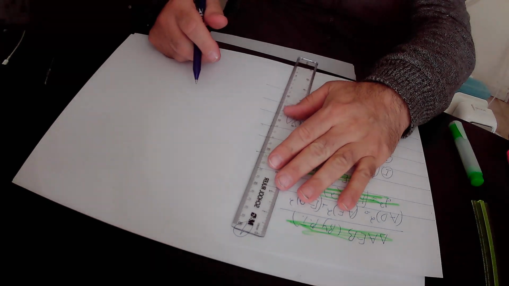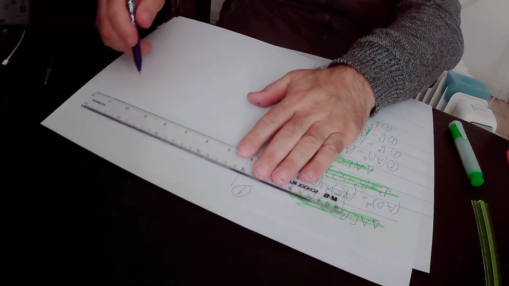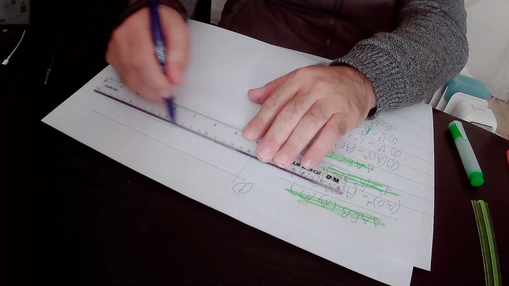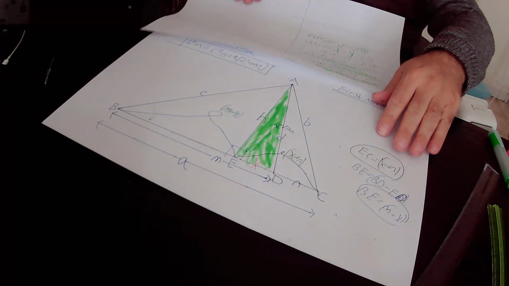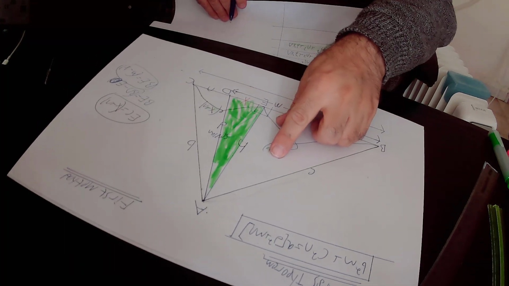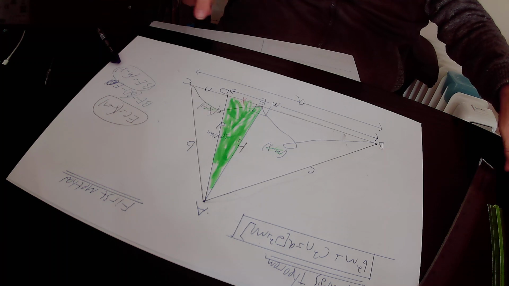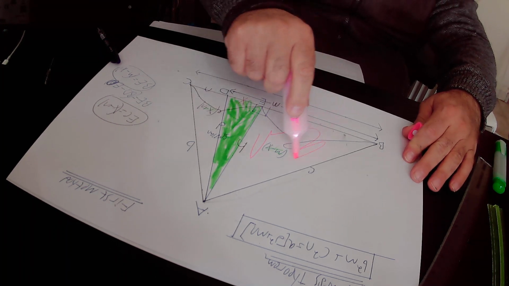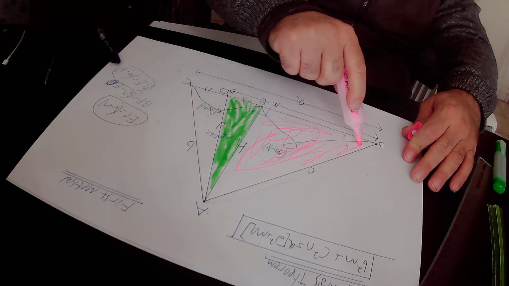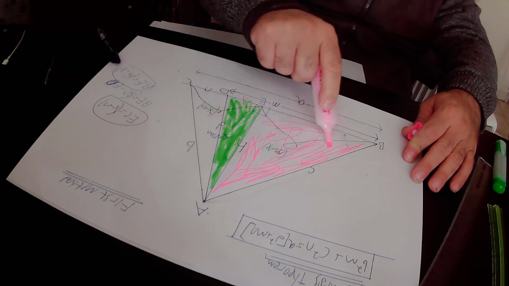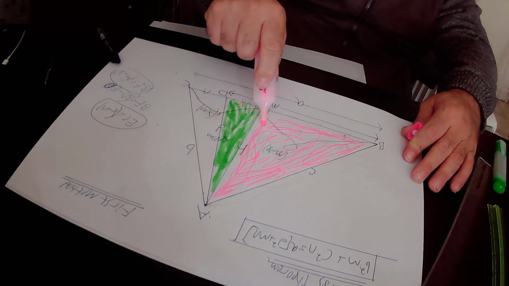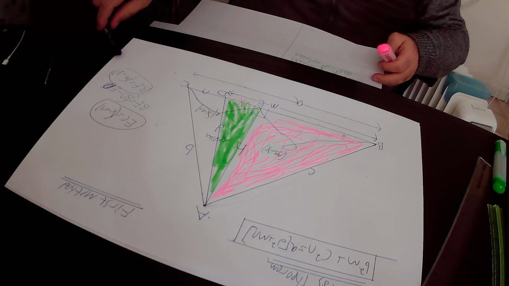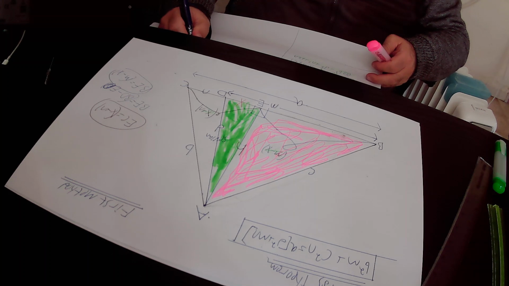In the next step, we'll implement the Pythagoras theorem on the triangle ABE. We'll implement the Pythagoras theorem on the right pink triangle AEB.